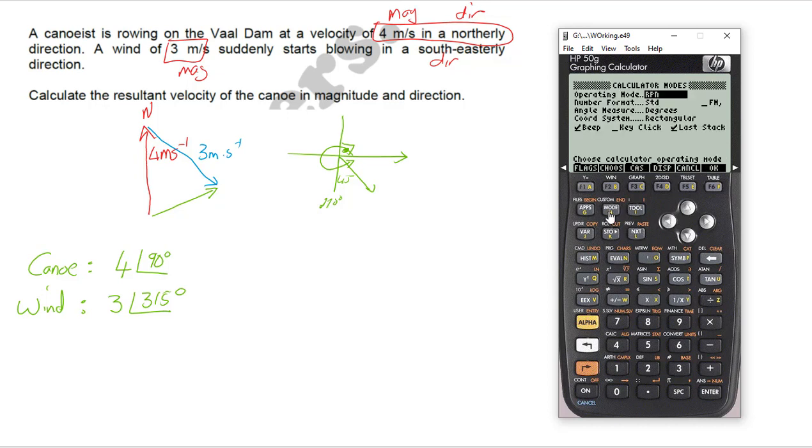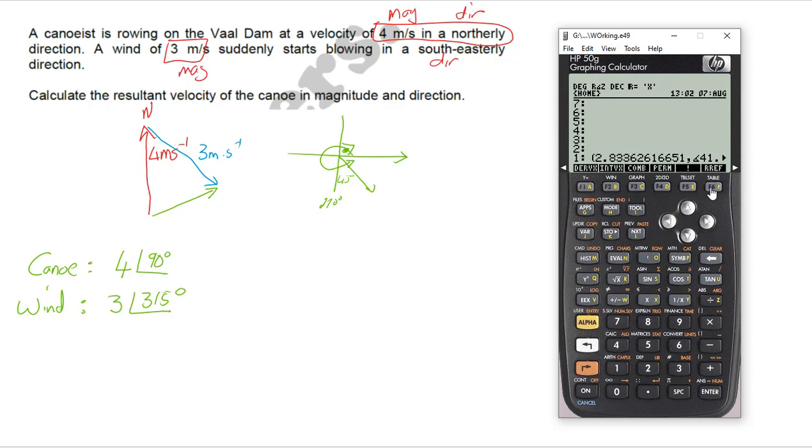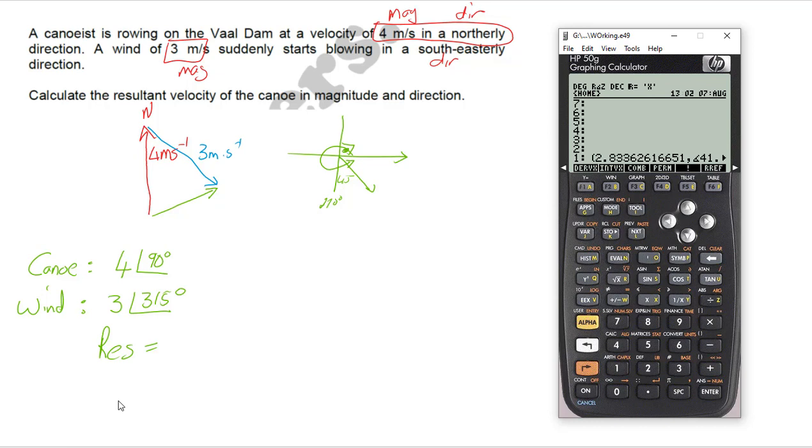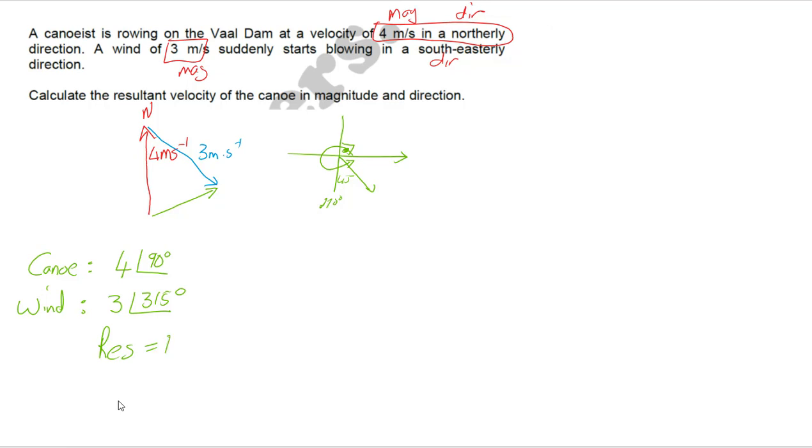Let us view the answer not in rectangular, we want it in polar coordinates. So the answer is, the resultant is equal to 2,83 at an angle of 48,5 degrees.